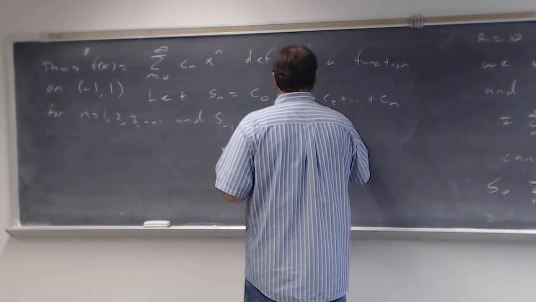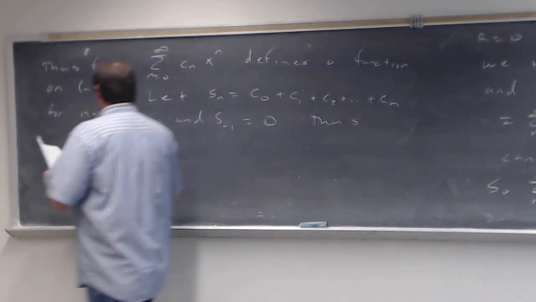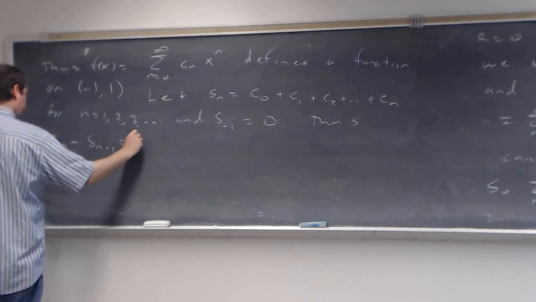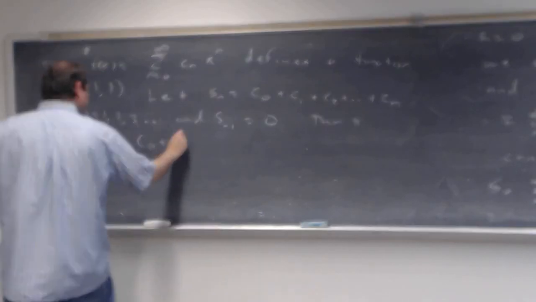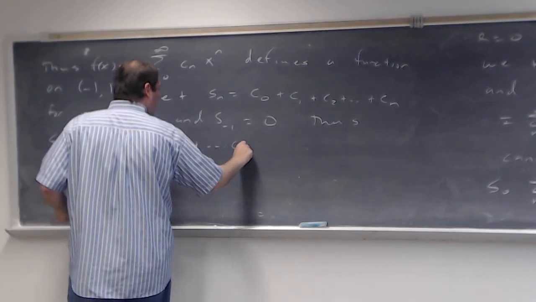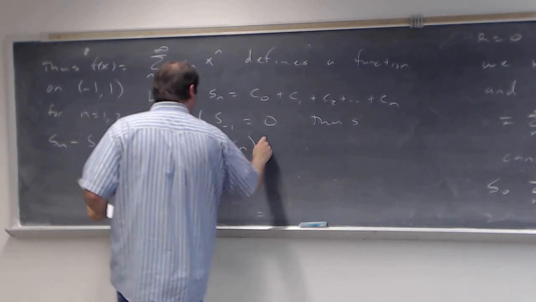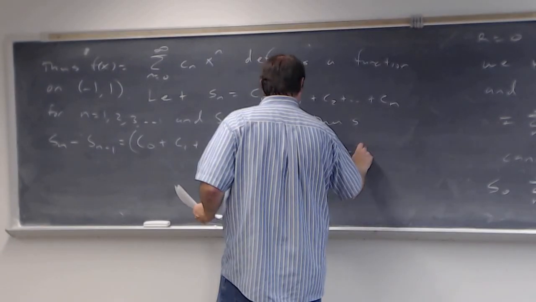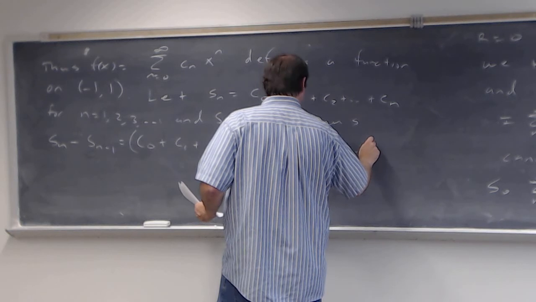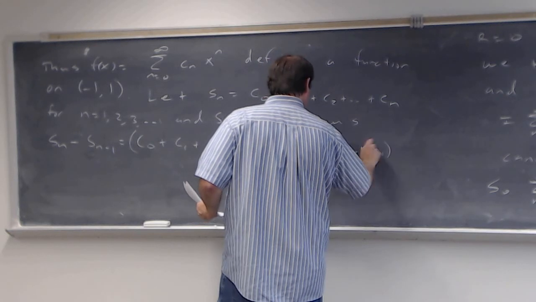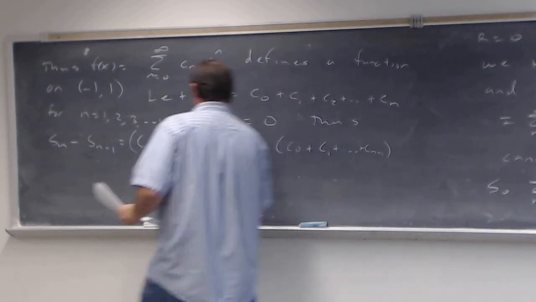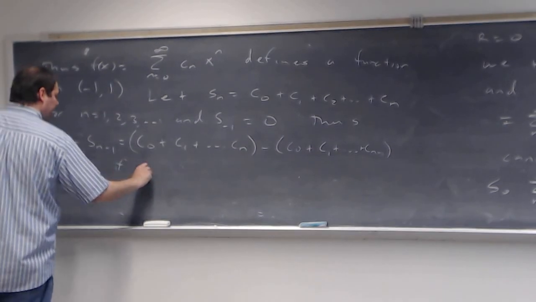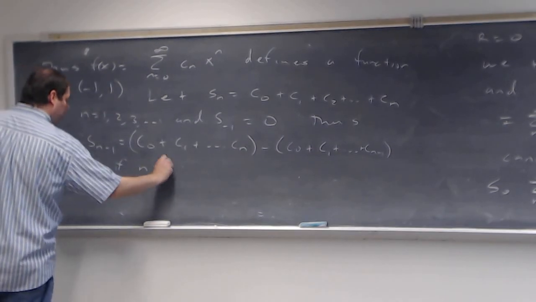Thus, if you look at s sub n minus s sub n minus 1, that's going to be equal to c sub 0 plus c sub 1 plus all the way up to c sub n, minus c sub 0 plus c sub 1 plus all the way up to c sub n minus 1, which equals c sub n, and that's true if n is bigger than or equal to 1.